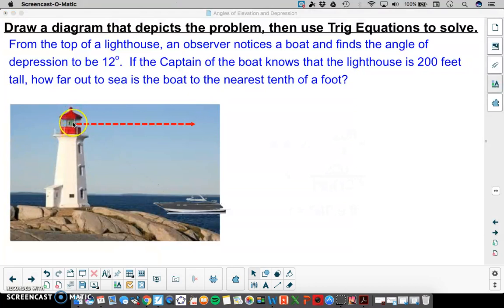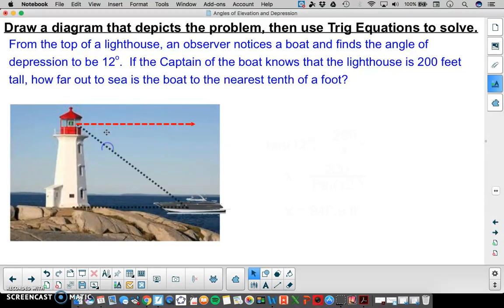We know the observer was inside the lighthouse, and so the horizon line we're going to use comes from the lighthouse. So we know our angle of depression is going to come from that horizontal. So our 12 degrees is here. But we want to use this right triangle here with the lighthouse tower being 200 feet tall.